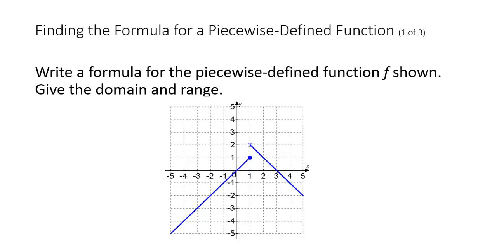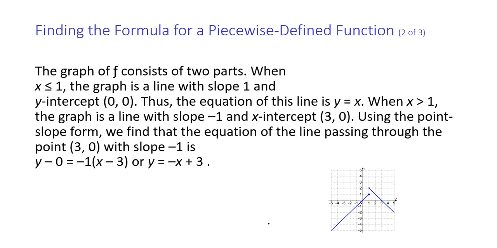And we know the x-intercept here. I can use this x-intercept, plug it into y is equal to mx plus b to find the y-intercept and write the equation of this line. So as you can see, the equation of this line here is going to be y is equal to x.